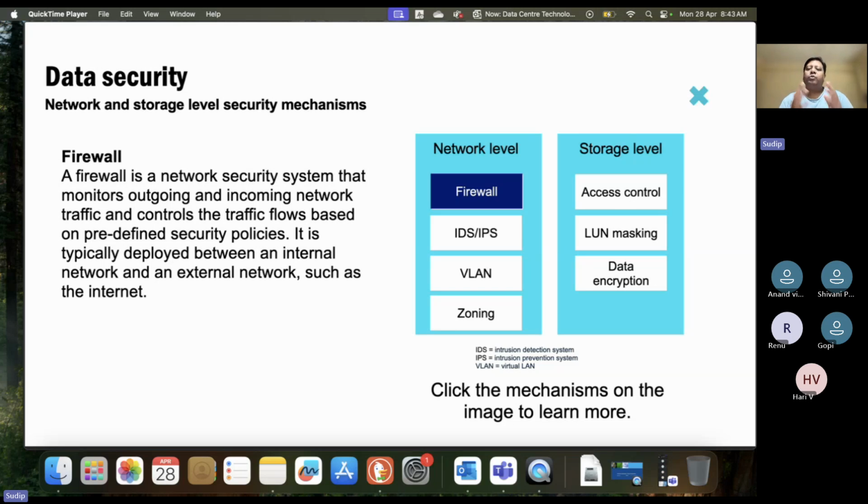And what is the outside world? The outside world is the complete internet. There will be applications that will be exposed to the internet, and exposing them securely through a firewall by applying certain policies, that is the function of a firewall.